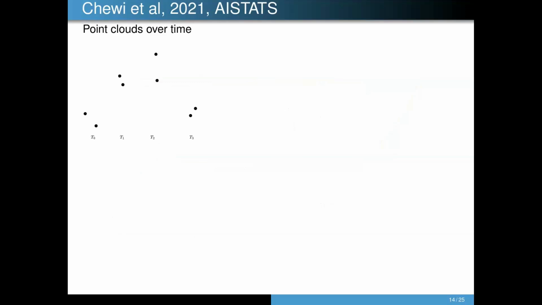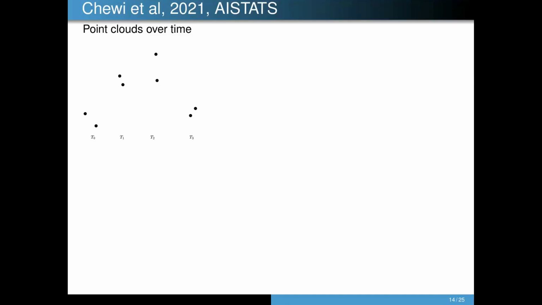So I made it super simple, so it's easy to follow. In every time step, we only have 2 points. Okay, so the point cloud only depends on 2 points. And so time goes from left to right, and the 2 points move. Okay, so what does this method do? It wants to infer in-between points, or trajectories between points.